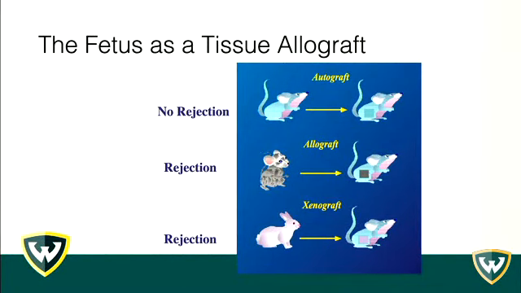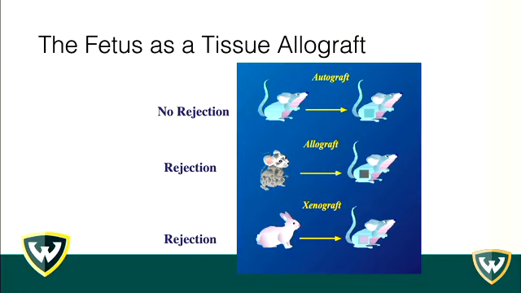So the next question is, how does the allograft respond to the maternal immune system? Very quickly, just to remind you of the different types of transplant immunology. If you take a piece of skin from yourself and put it in another part of your body, that is called an autograft and it is not rejected.